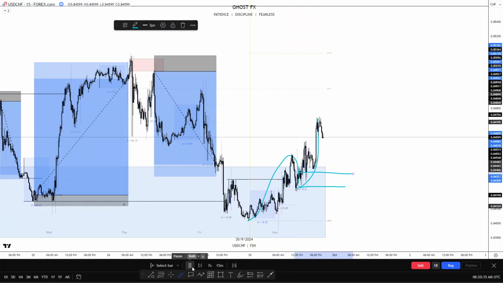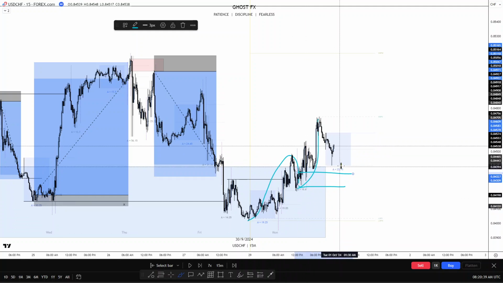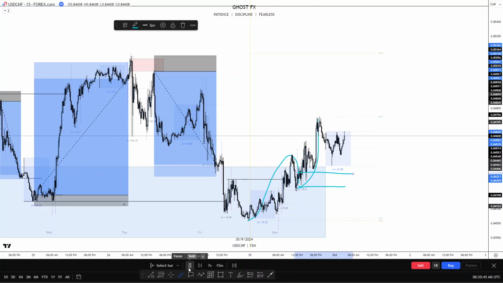So let's see. Now, good, we are in Asian section. If we get inducement to the downside, happy to take the buy. Okay, so I don't get any entry. I'm still waiting.